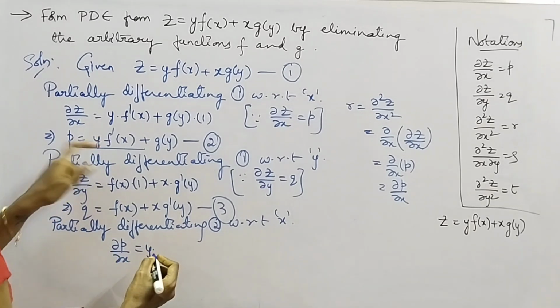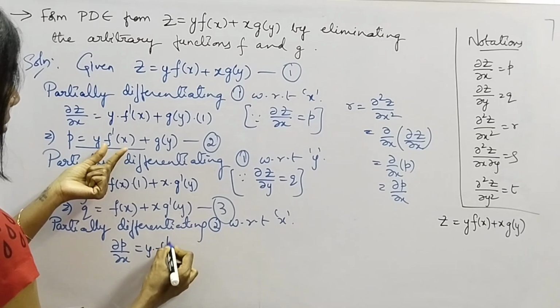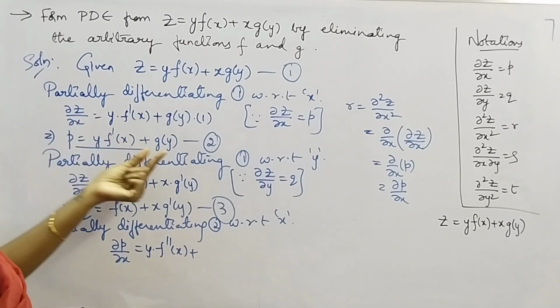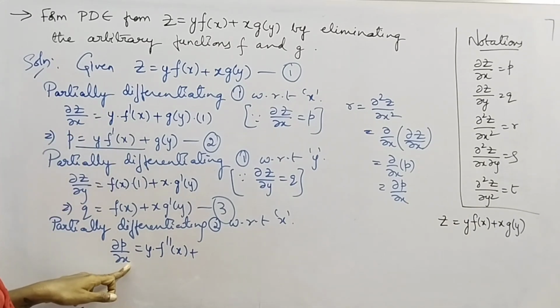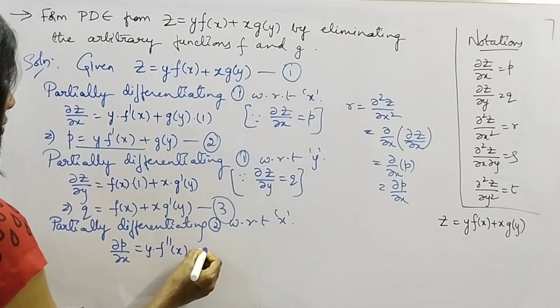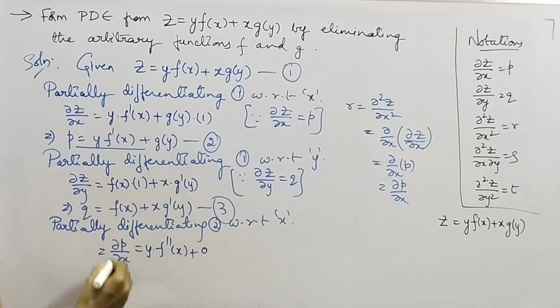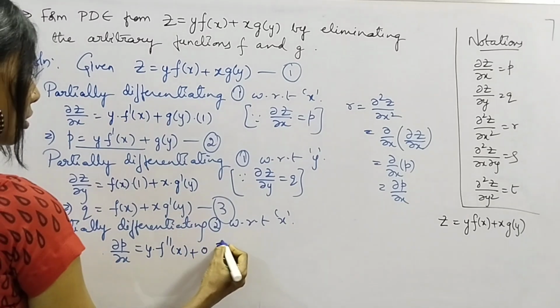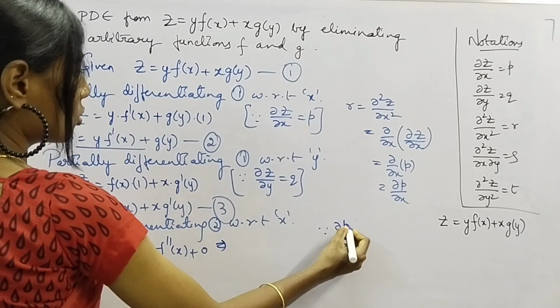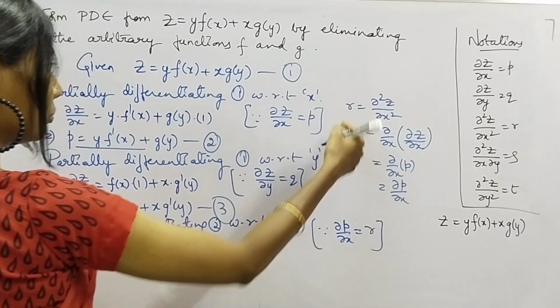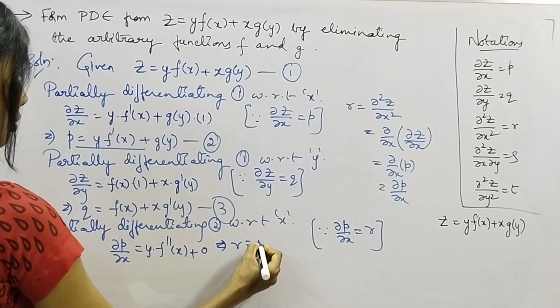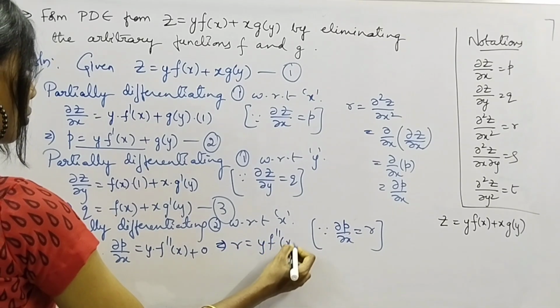Constant into the partial derivative of f dash of x is f double dash of x, plus g of y is treated as constant since we are partially differentiating with respect to x, so we'll get 0. And we also know that the partial derivative of p with respect to x is r. Since dou p by dou x equal to r, we'll get r equal to y into f double dash of x.